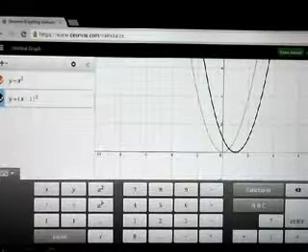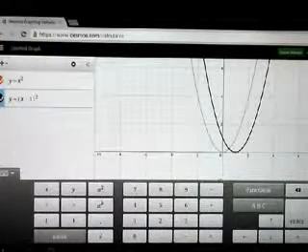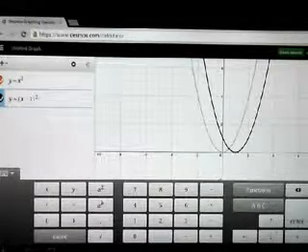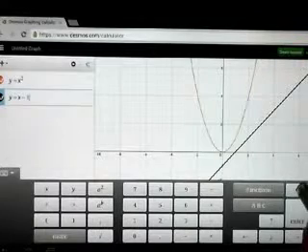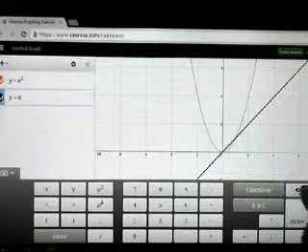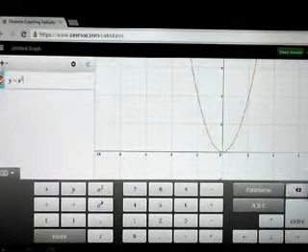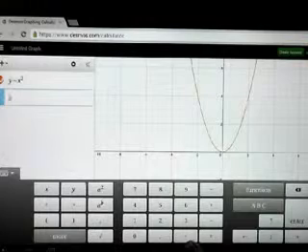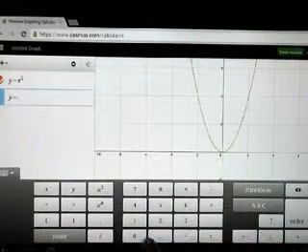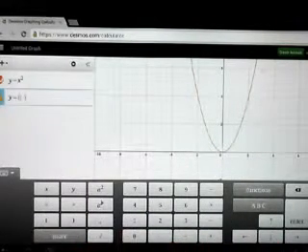So what happens if I put all of this together and I put in an expression that goes y equals parenthesis x plus 2, the quantity squared.